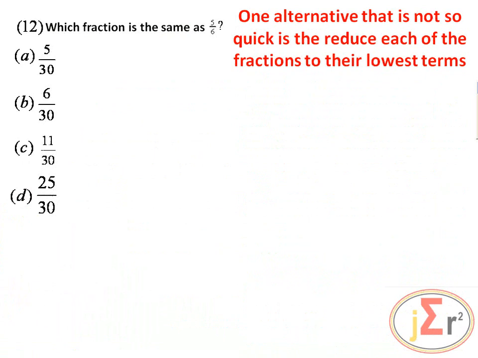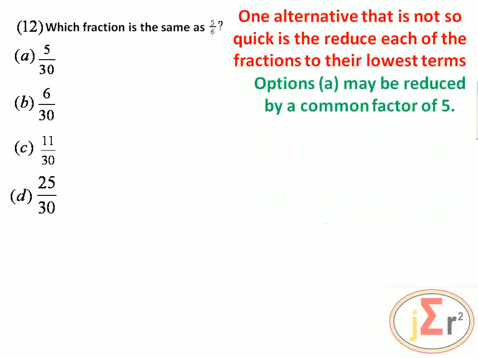One alternative that is not so quick is to reduce each of the fractions to their lowest terms. Option A may be reduced by a common factor of 5. 5 into 5 is 1, and 5 into 30 is 6.